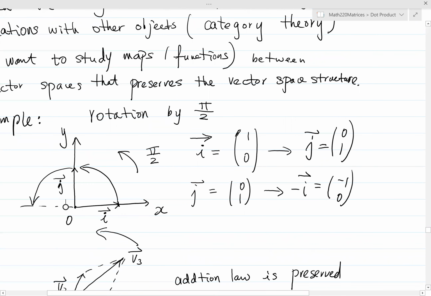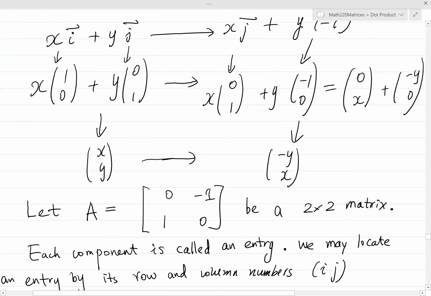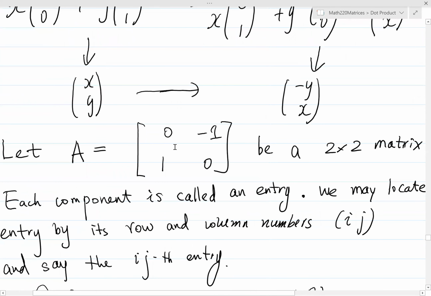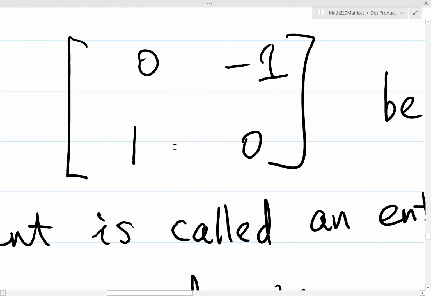The image of the vector i we write as the first column, and the image of j as the second column. So we get a 2 by 2 matrix. Once we determine the images of i and j, the x direction and y direction, any other vector is determined by them.